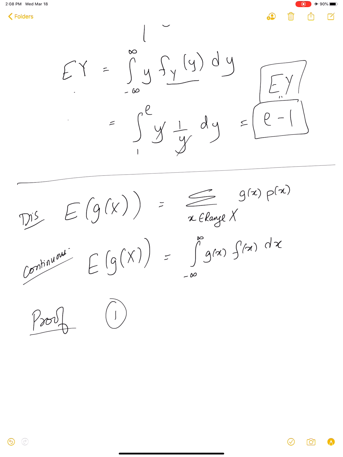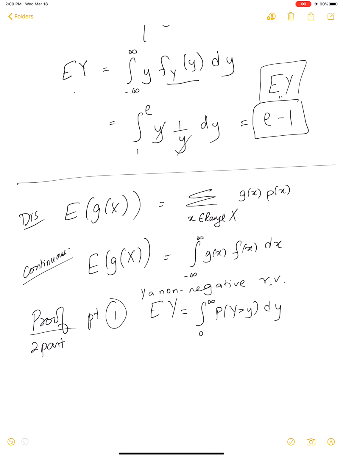The first part is showing that if y is a non-negative random variable, so that the range of y is from 0 to infinity, then the expected value of y is the integral from 0 to infinity of the probability that y is bigger than little y, dy.